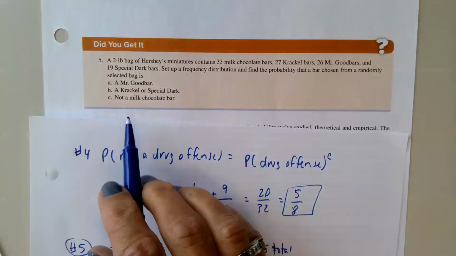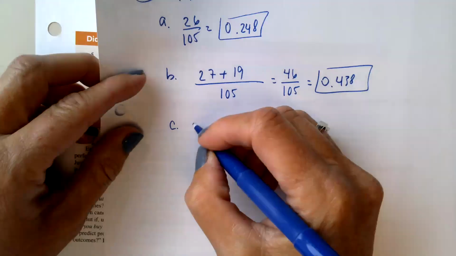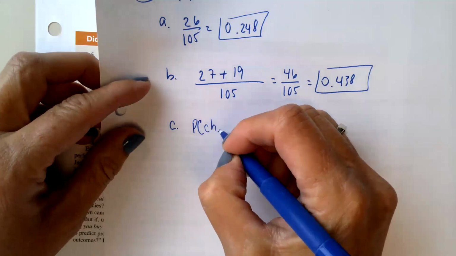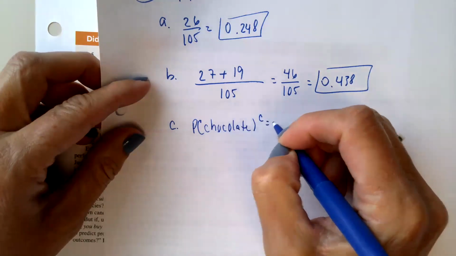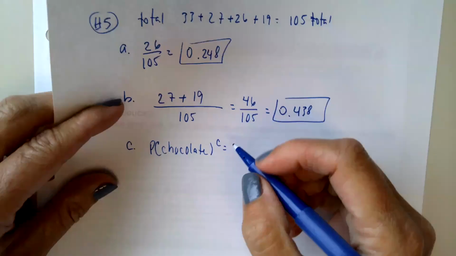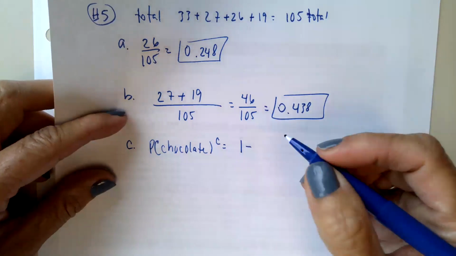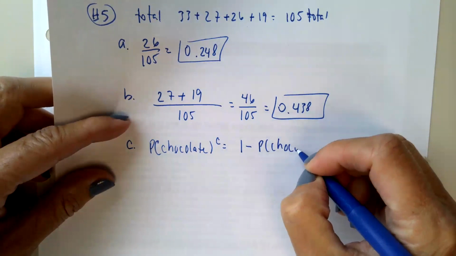And then letter C says, not a milk chocolate bar. So this means we're saying the probability of a chocolate complement because we don't want the chocolate bar. It's not a milk chocolate bar. So that means we can use our complement rule as another way to practice. So we could say 1 minus the probability of chocolate. That's one way to do that.